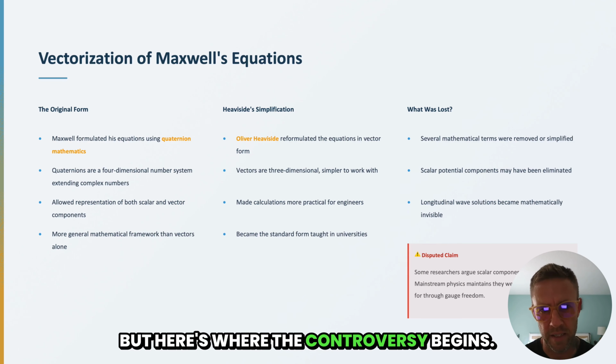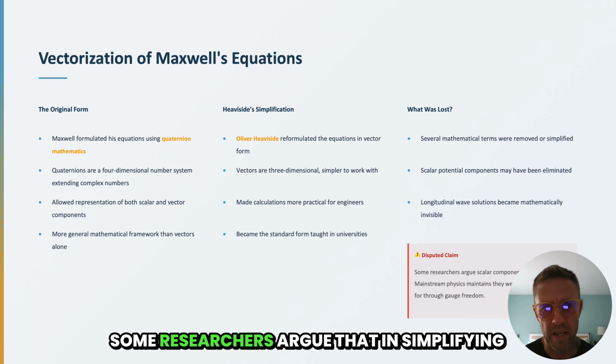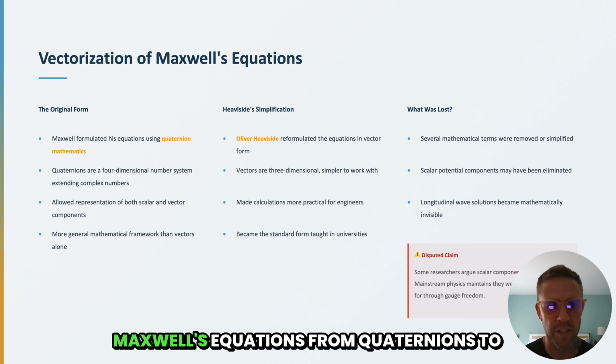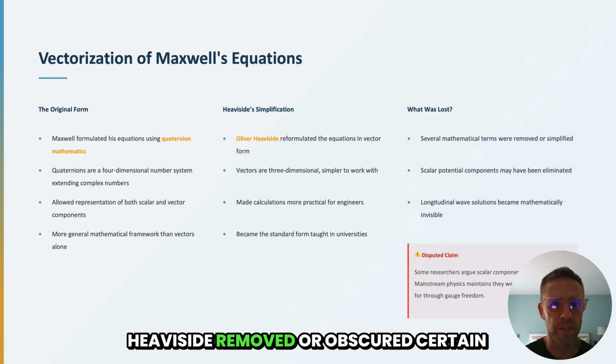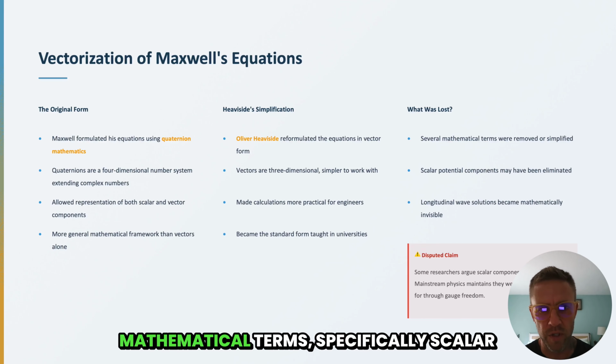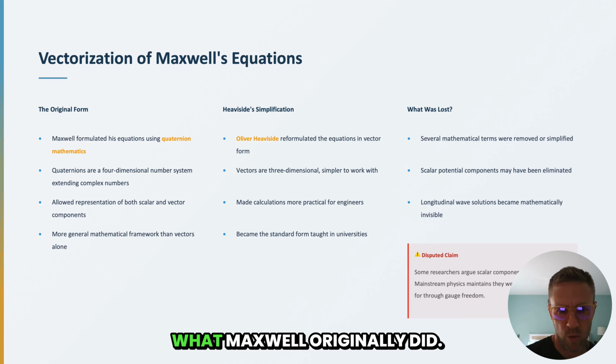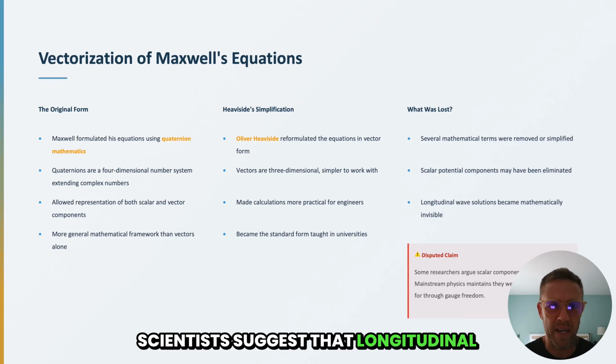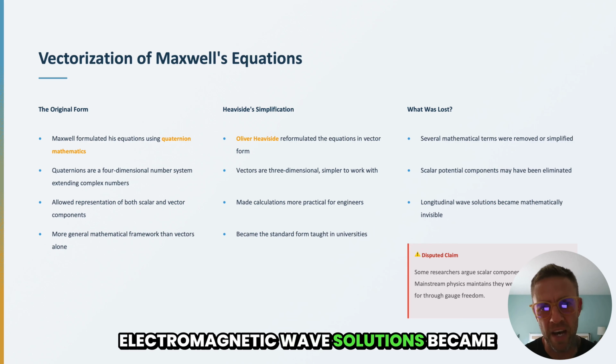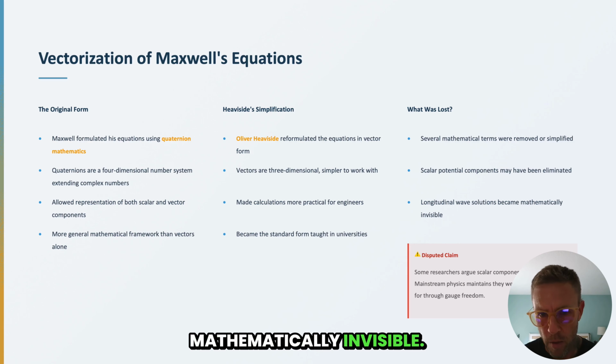But here's where the controversy begins. Some researchers argue that in simplifying Maxwell's equations from quaternions to vectors, Heaviside removed or obscured certain mathematical terms, specifically scalar components. So it's kind of like a bastardization of what Maxwell originally did. Scientists suggest that longitudinal electromagnetic wave solutions became mathematically invisible.